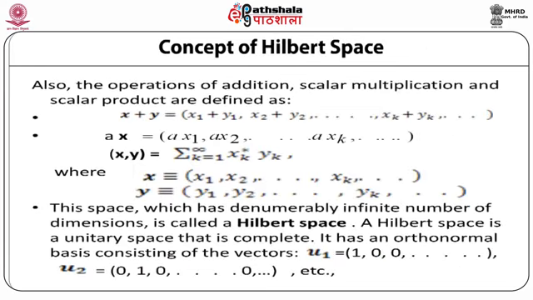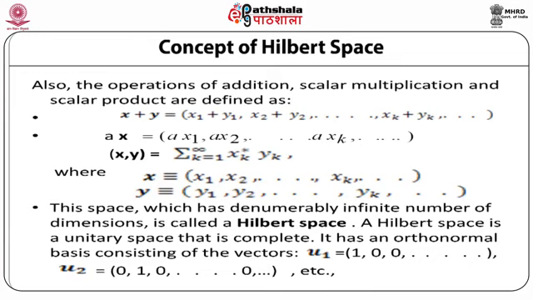Concept of Hilbert space. Now we will discuss the concept of Hilbert space and the various properties that are associated with it. So we start with discussing the operations of addition, scalar multiplication and scalar product in the Hilbert space. First of all, we start with the operation of addition.